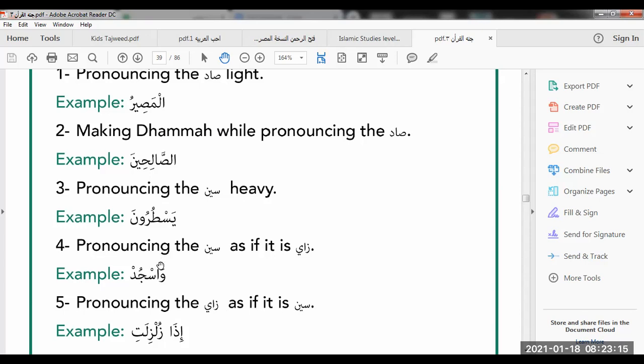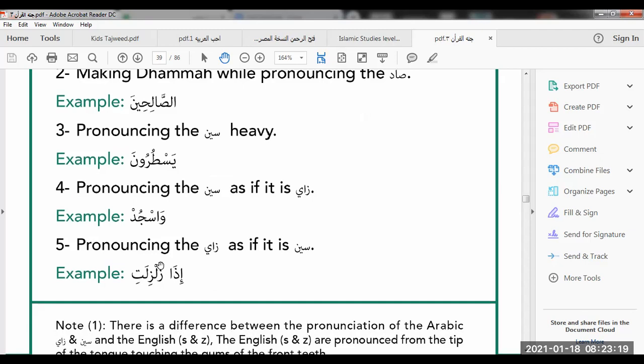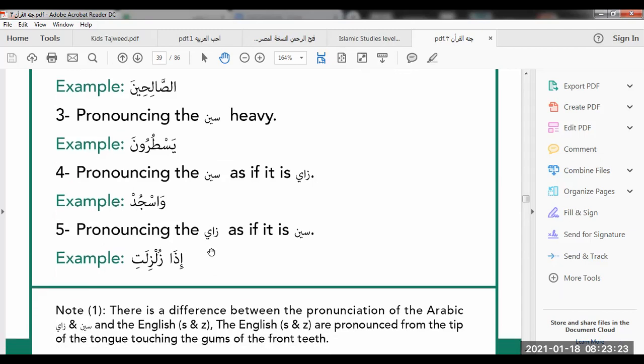Also, a common mistake is pronouncing the seen as if it's zay, confusing the sound of seen and zay. Wasjud, some people pronounce wasjud, but it's wrong.